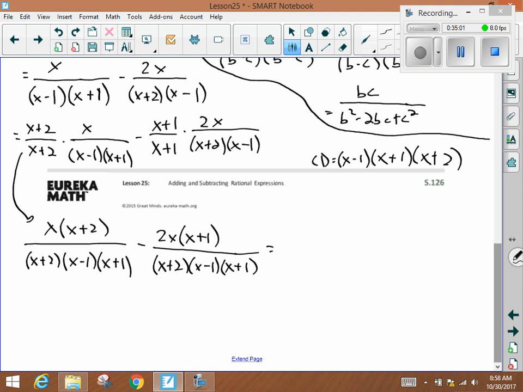I'm going to wind up with x times x plus 2. Remember, this minus sign is going to live with my 2x.